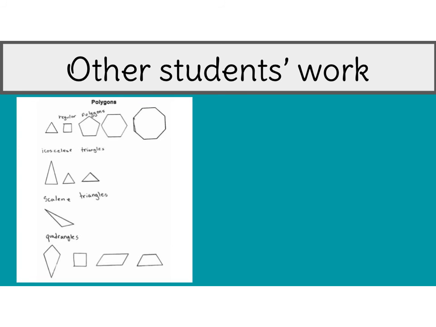So let's take a look at this one. Again, we're going to look for 8 shapes. Just by looking, I can tell there's already more than 8. 1, 2, 3, 4, 5, 6, 7, 8, 9, 10, 11, 12, 13. So we have 8 or more. Our main category is polygons. Subcategories: regular polygons, isosceles triangles, scalene triangles, quadrangles.